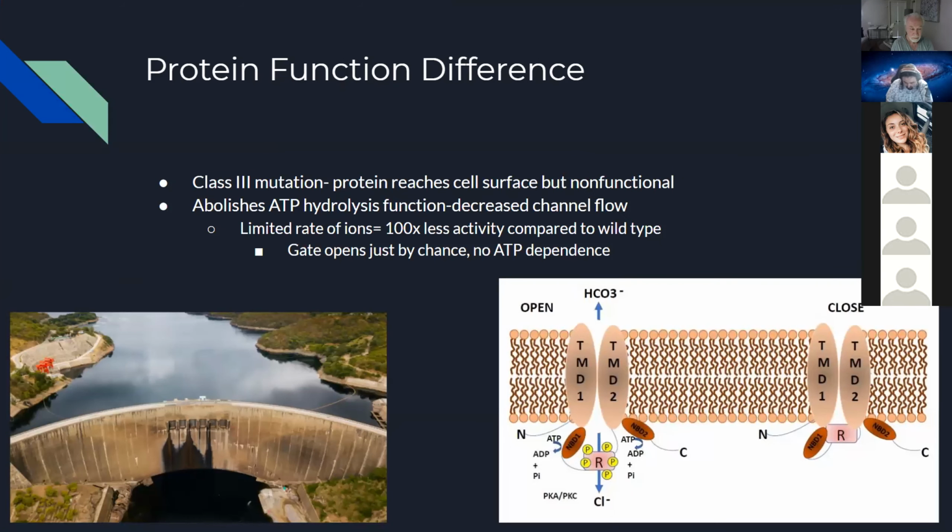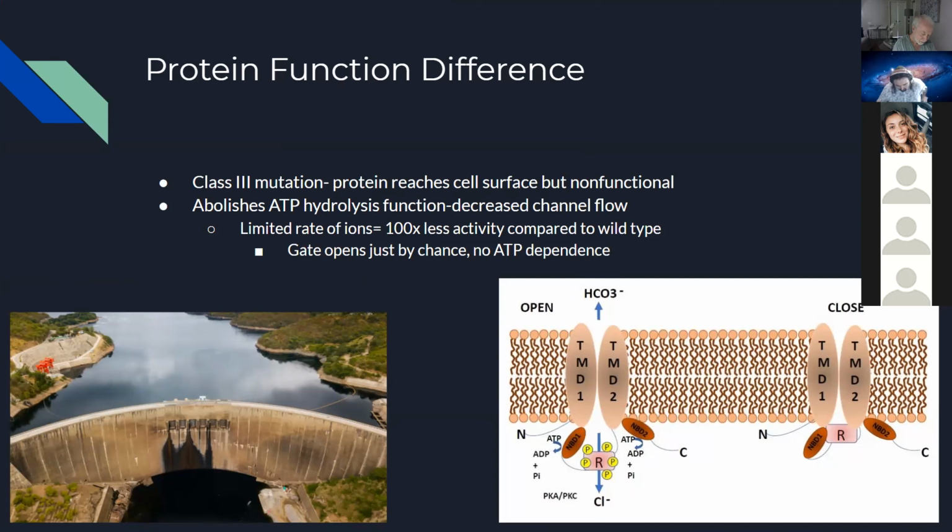So with the function difference, it's a class 3 mutation, which basically means that the protein is made. It's practically fully functional. It's not deformed at all. But once it gets to the cell surface, it can't do its job. And the reason why for this protein is because in NBD1, what happens is ATP hydrolysis is completely abolished.